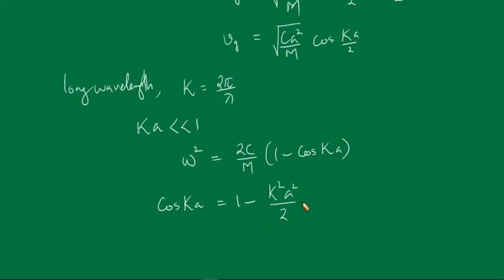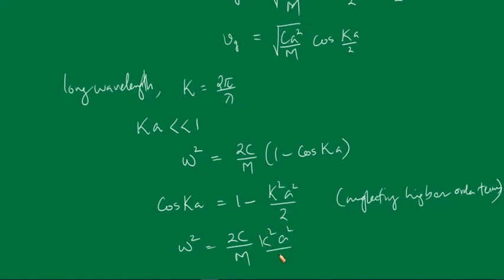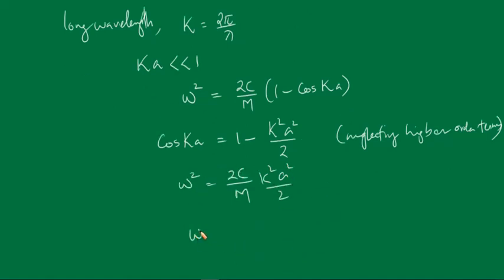Now if we substitute this, we get omega square is equal to 2c by m into 1 minus cos ka, so 1 minus, 1 minus k square a square by 2. So this is equal to k square a square by 2, which is written as c by m k square a square.